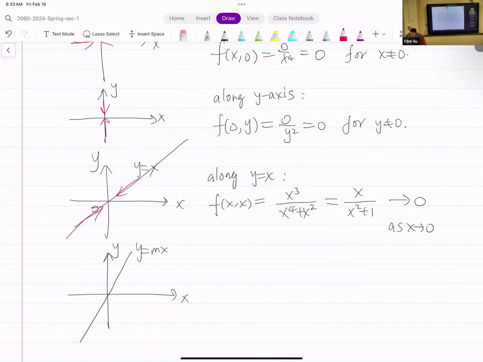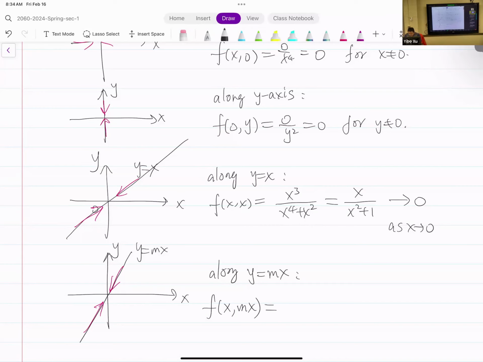So it's a different slope where we just have a parameter m that's representing the slope, while in the previous figure we have y equals x where the slope is just 1. Along y equals mx, we plug in what? We plug in x, m times x.